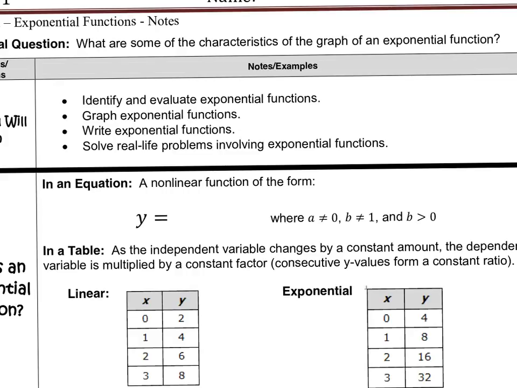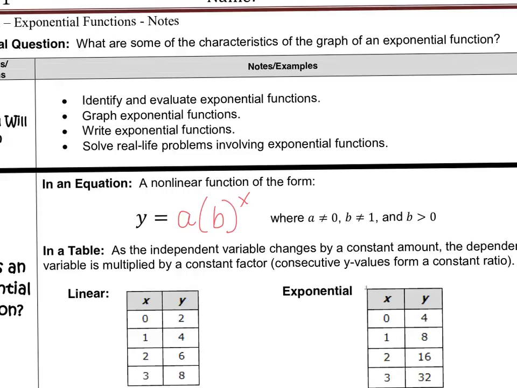So the equation form of an exponential function is y equals a times b raised to the power of x. Now, just like with our linear slope-intercept form of y equals mx plus b, our a and our b both mean something in the exponential function.